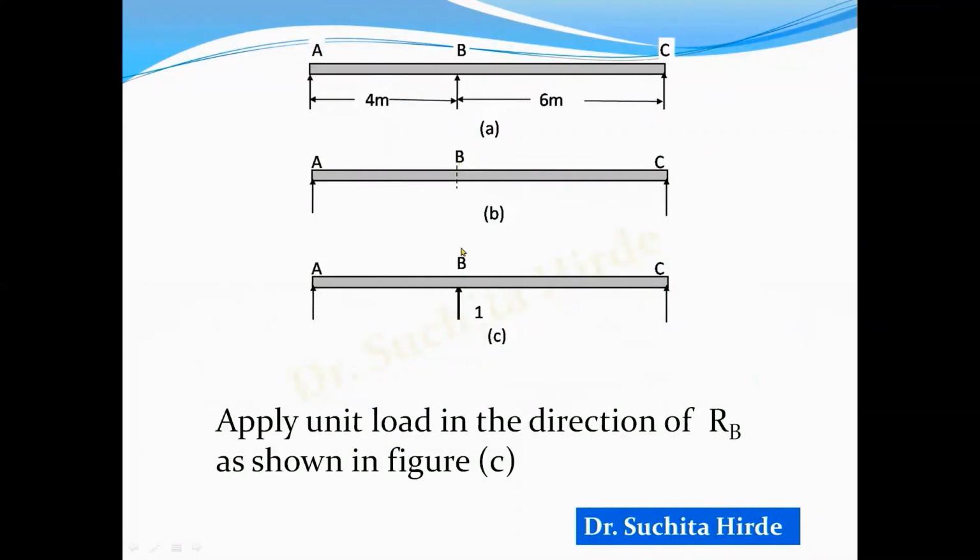So, therefore, instead of making unit deformation, what we do? We apply unit force, and for this unit force, we calculate the deflected shape. We draw the deflected shape for the unit force. And then we make the ordinate equal to 1.